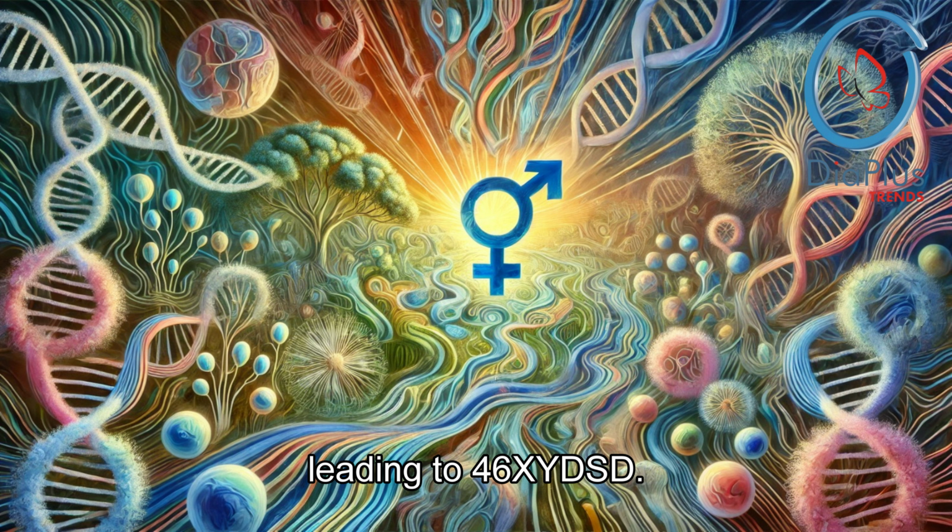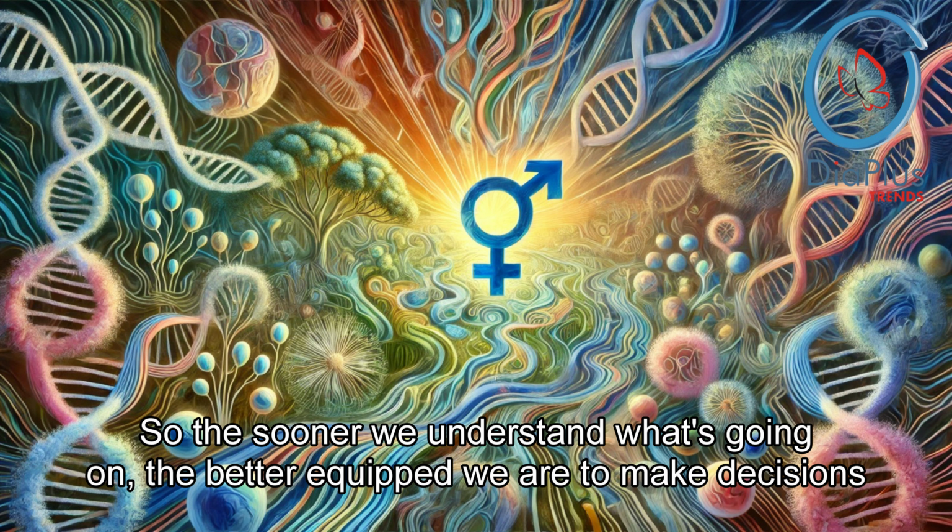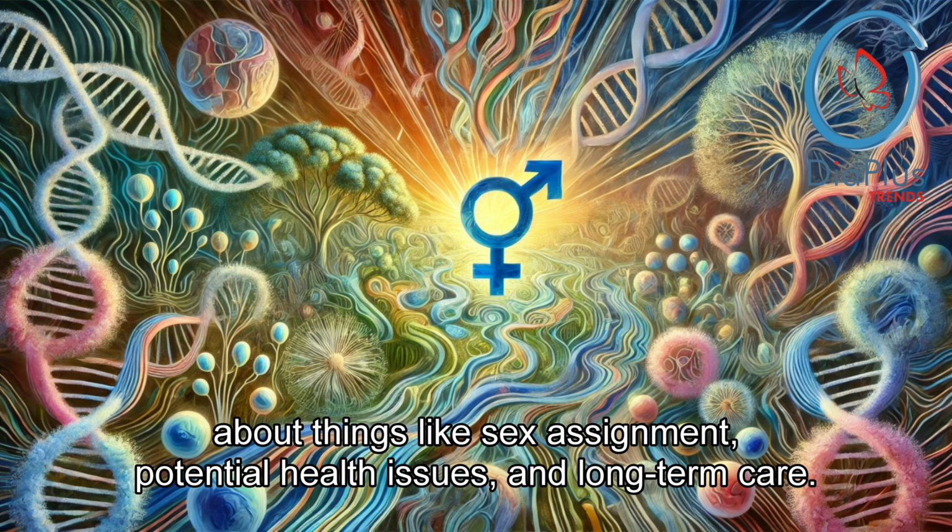Exactly. Leading to 46XY DSD. Precisely. And the paper really emphasizes how crucial early diagnosis is. Okay. So the sooner we understand what's going on, the better equipped we are to make decisions about things like sex assignment, potential health issues, and long-term care.